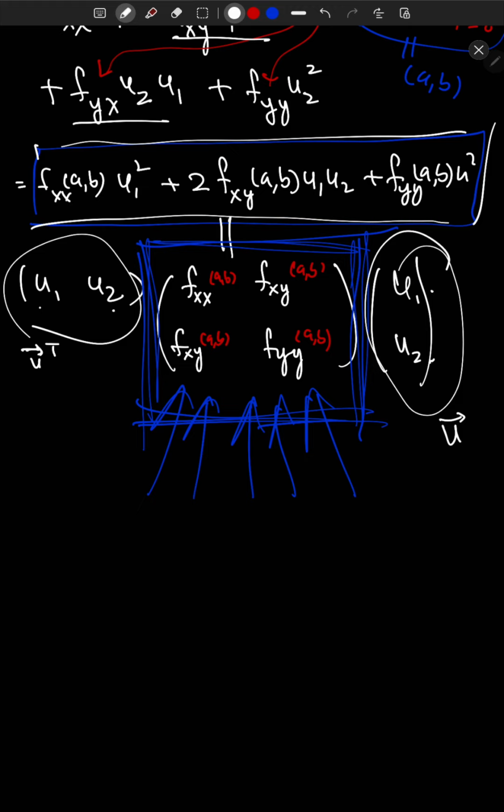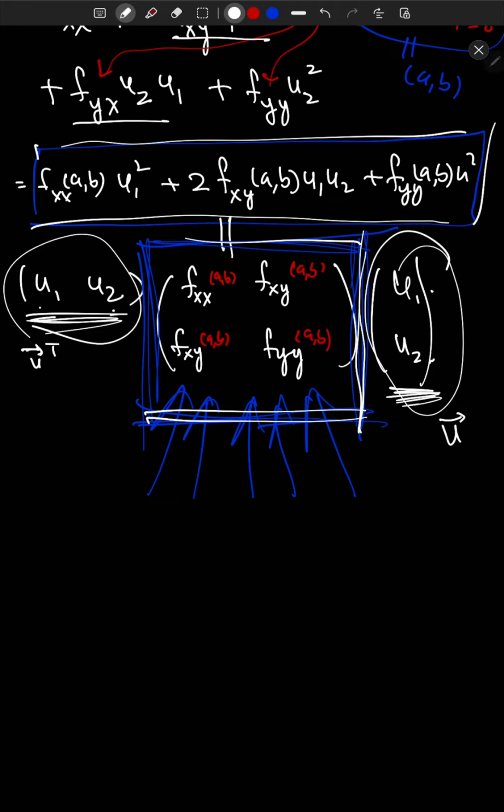So these two guys in that bracket are telling me what direction I'm interested in. And then when I stick in this matrix and do the multiplication, that tells me how I'm curving in that particular direction.